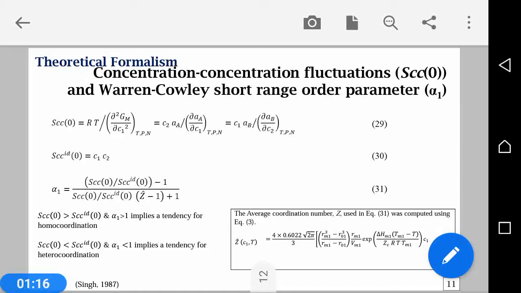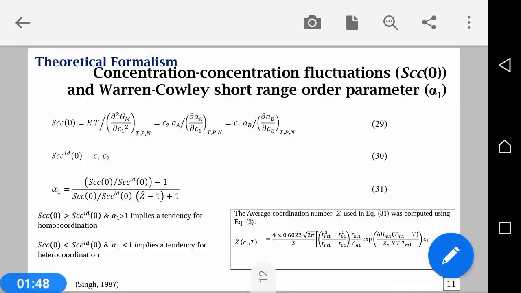Alpha 1, defined in equation 31, also gives information about the nature of atomic order, and it also includes the extent of the order. Alpha 1 ranges from -1 to +1. When alpha 1 is -1, it means complete order, while +1 means complete segregation, while 0 means random distribution of atoms.